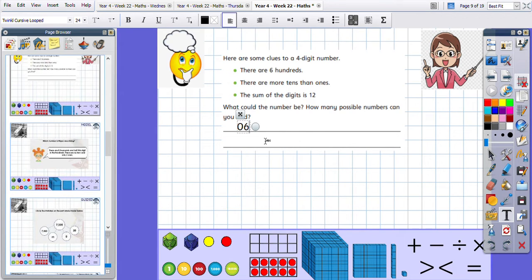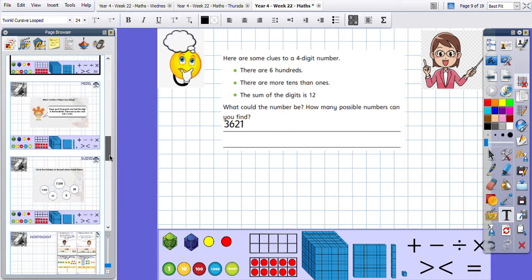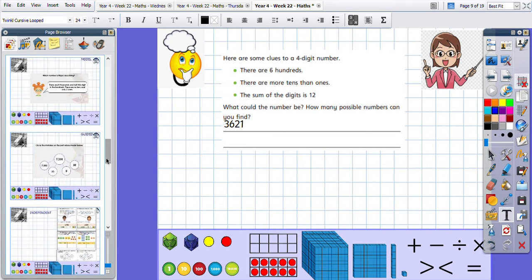Because that would be too big. So let's go for... So we've got 6, 7, 8, 9. So now we've got 3 left. So your answer might have been 3,621. But there are lots of other possibilities. Give as a challenge then, how many possible numbers can you think of? See if you can find them all, and Mrs. Willett and I will be checking.